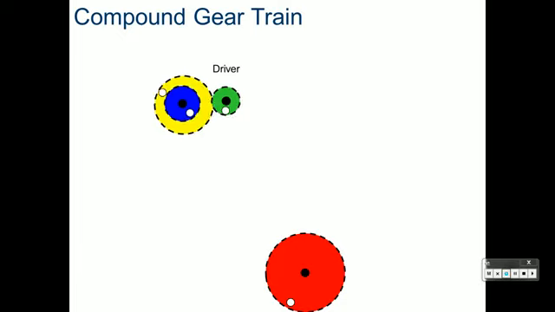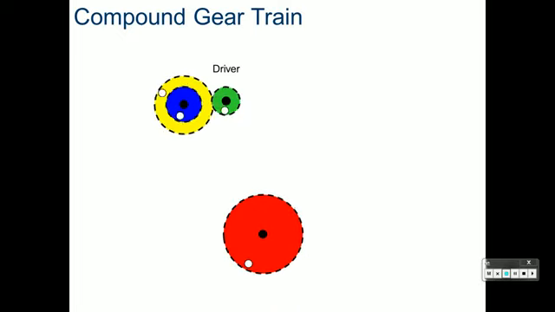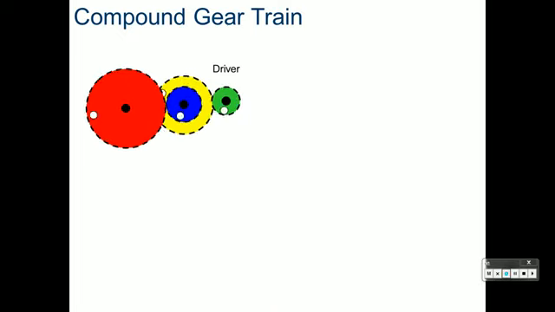We attach our blue gear on the same wheel and axle, so the RPMs of the blue gear are exactly the same as the yellow gear. Finally, I throw my last gear in and mesh it with my blue gear, and that's the red gear that's shown there, and it is moving much slower than any of the gears that are currently up on the screen.